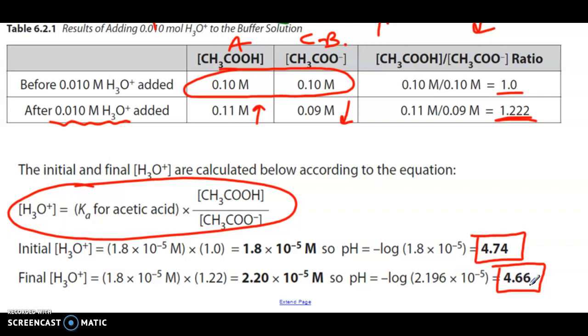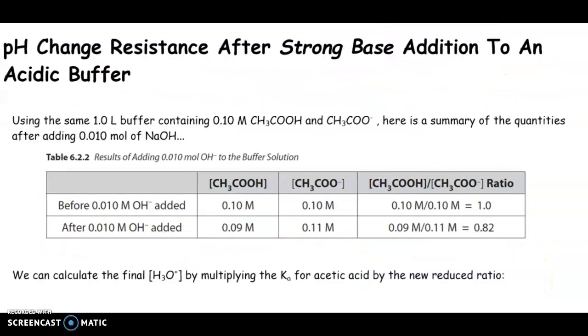But the point is, because this was in equilibrium, it did not lower significantly. If we did not have a solution in equilibrium and we added in a strong acid, it could go down to like a pH of 1.5 or 2.1. So even though it did go down because you're adding in a strong acid, it's not a super significant change. Okay, so let's take a look at adding a strong base in our next part.